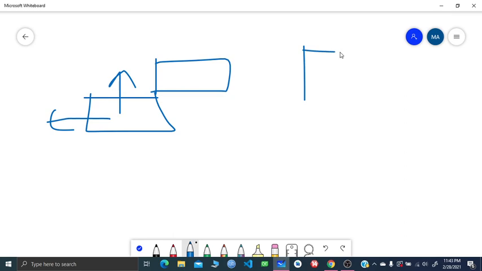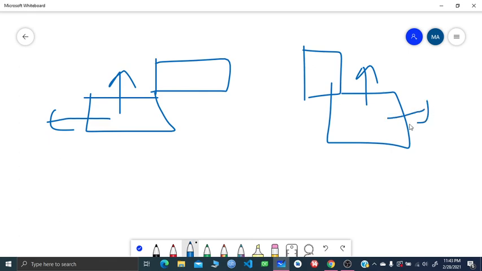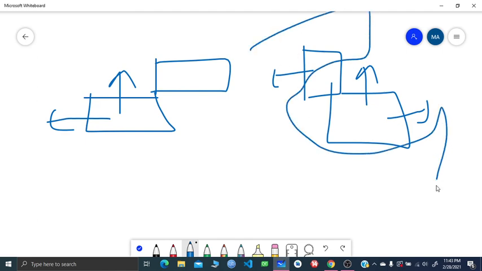Also, I could move it up, or I could move it to the right. It doesn't matter. Or maybe this part to the left. It doesn't matter. I will always get it to the defined position.